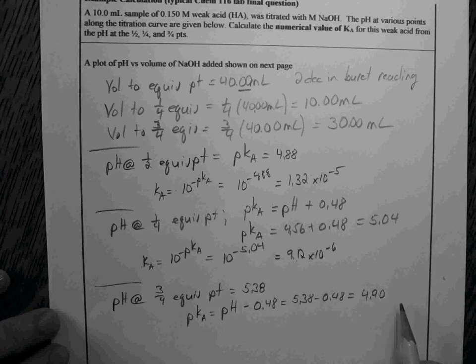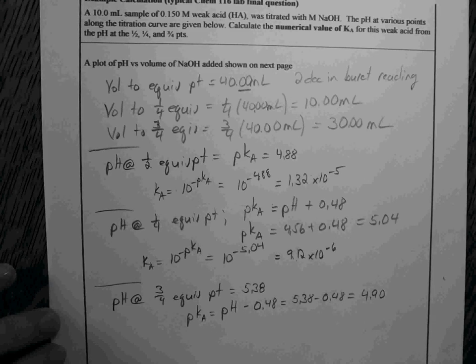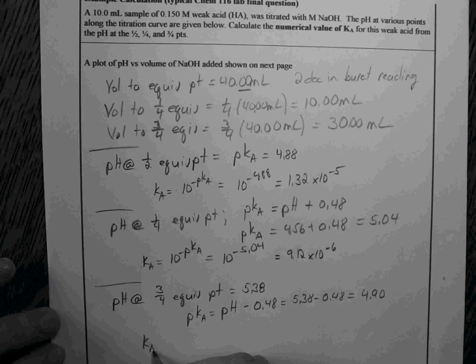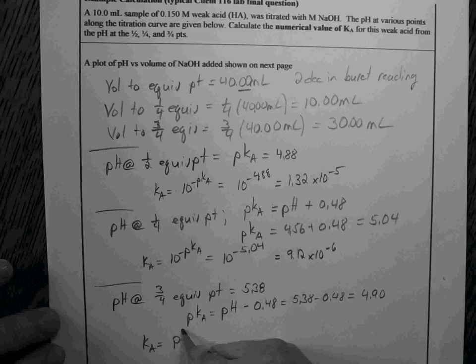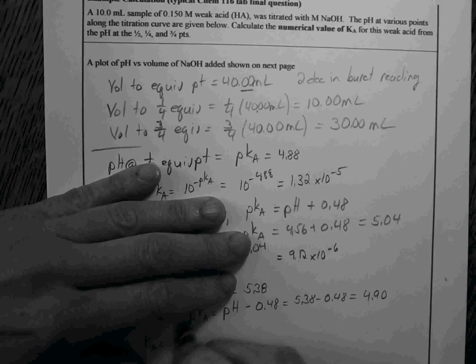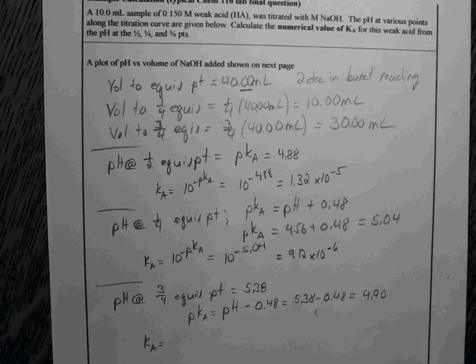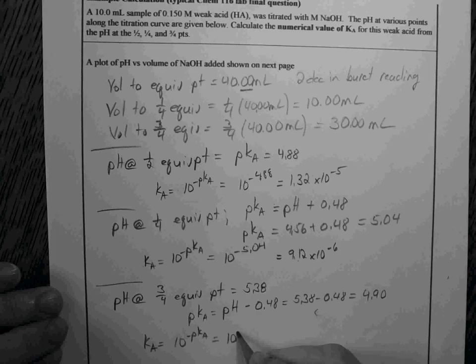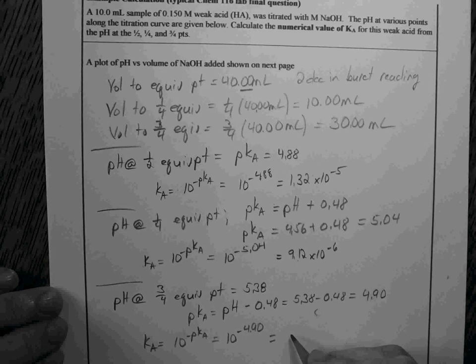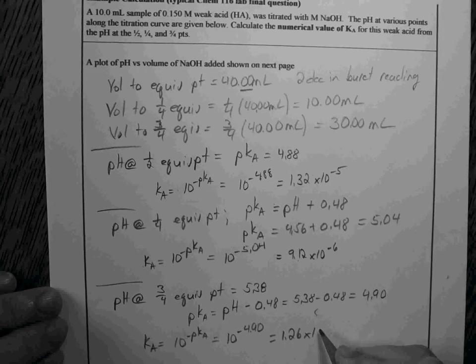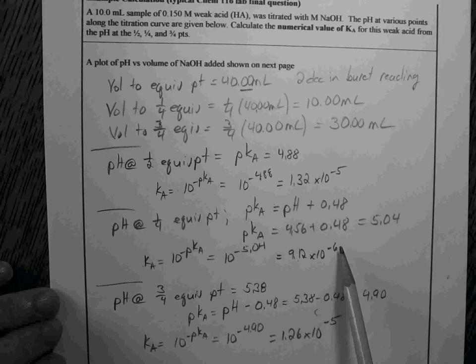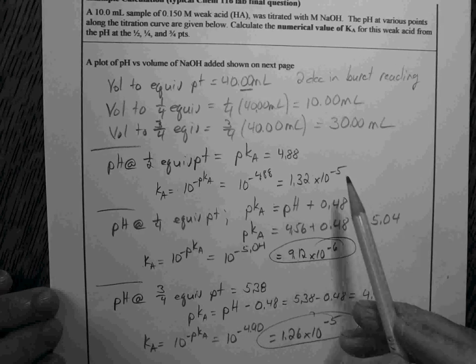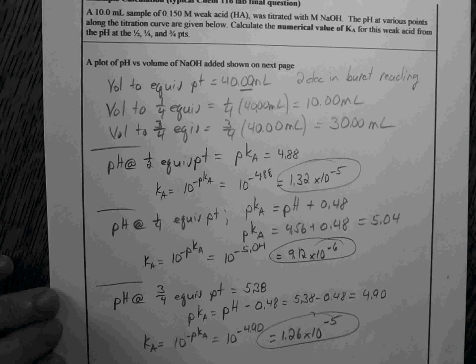So that's the pKa that we found according to the 3/4 equivalence point. So we'd find Ka here is equal to 10 to the minus pKa, 10 to the minus 4.90, and that would equal 1.26 times 10 to the minus 5. Again, fairly close to our other values, but not necessarily identical.